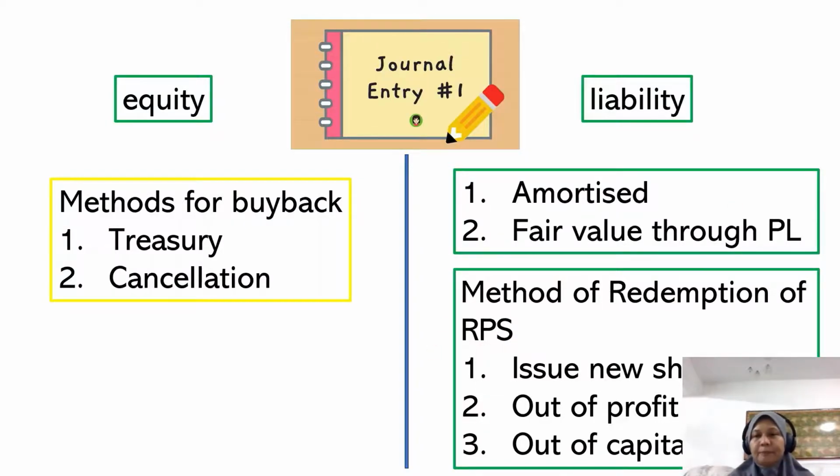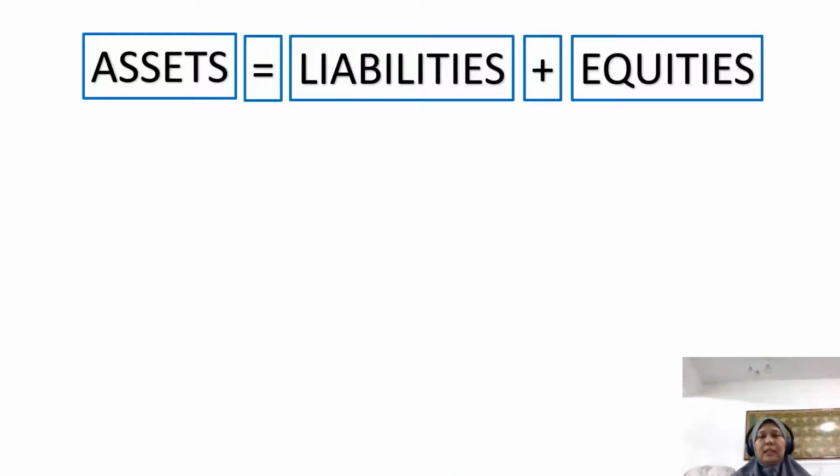Okay, all right. So basically, when we do all the recordings for issuance, for the dividend or the interest, as well as the buyback or the redemption, we must be careful in determining the accounts involved in each transaction, whether it is assets, basically bank.